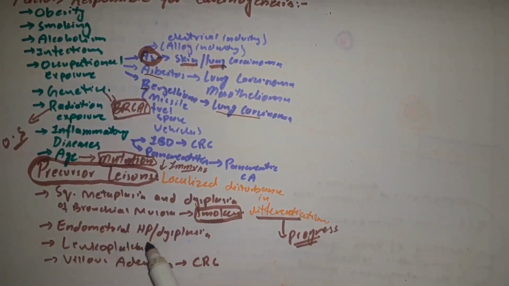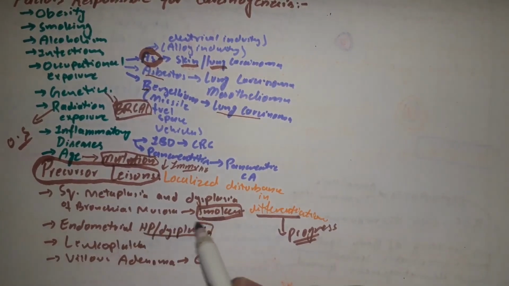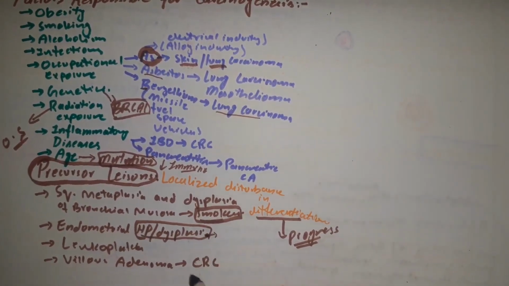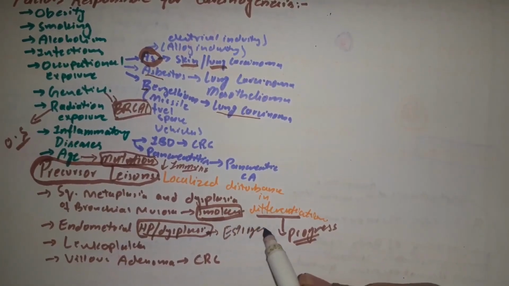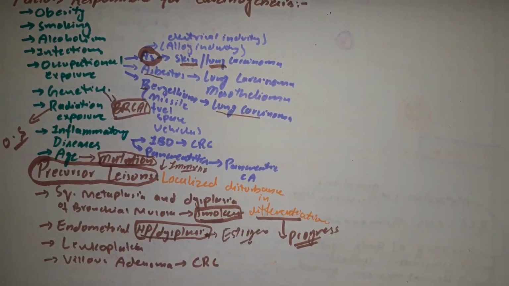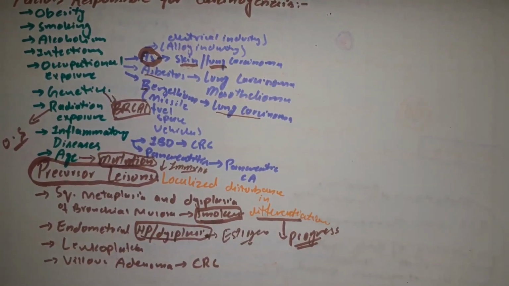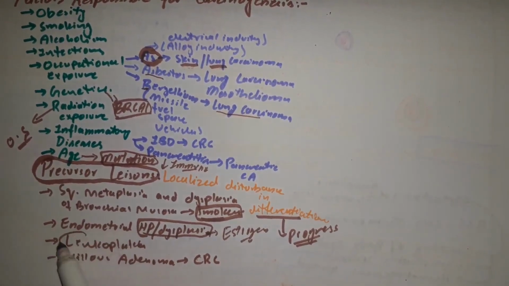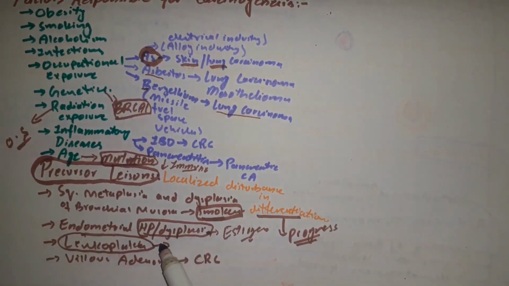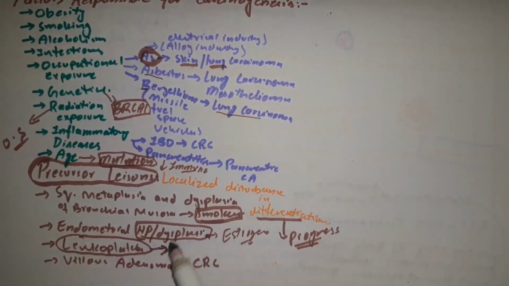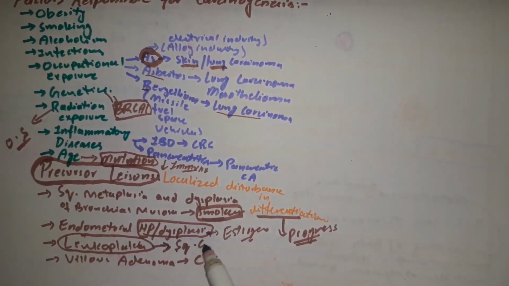Moreover, endometrial hyperplasia and endometrial dysplasia are characteristic of high estrogen exposure, which can be a part of estrogen replacement therapy and so on, and it can lead to the development of endometrial carcinoma. Moreover, leukoplakia, which are epithelial lesions due to chronic irritation, can be at the oral mucosa or genital skin or so on, and they can also lead to the development of squamous cell carcinoma.